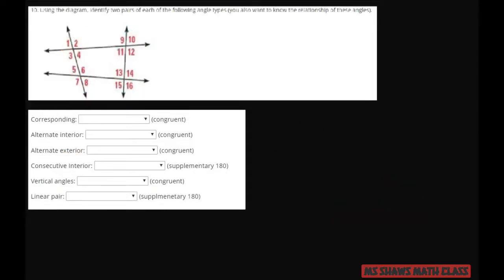All right, next one, consecutive interior. Now the consecutive interior mean they're supplementary. That means they add up to 180. So 3 and 5 are inside these two lines and they're consecutive interior. So you could say angle 3, angle 5, and you could say angle 4 and angle 6.